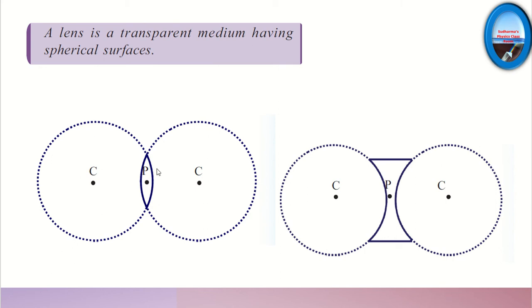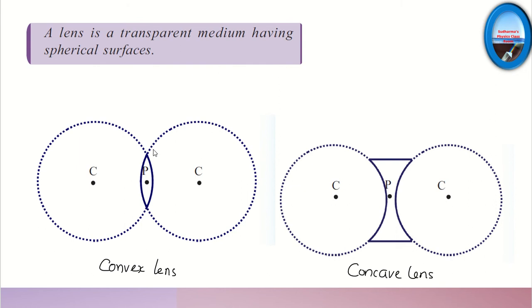If the refracting surfaces are bulging outward, then it is called a convex lens. Many of you know it already because we have already learned about mirrors. So you know that shape, right? So this is a convex lens and this is a concave lens. How do you identify a convex lens and a concave lens? Understand that it has two spherical refracting surfaces.